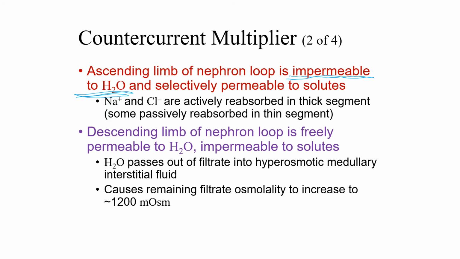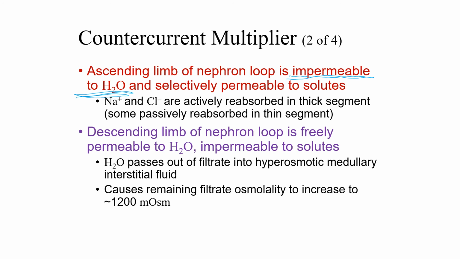We know that water always follows sodium, but the ascending limb is not permeable to water, and so sodium and chloride are reabsorbed into the thick segment, but water can't follow it.